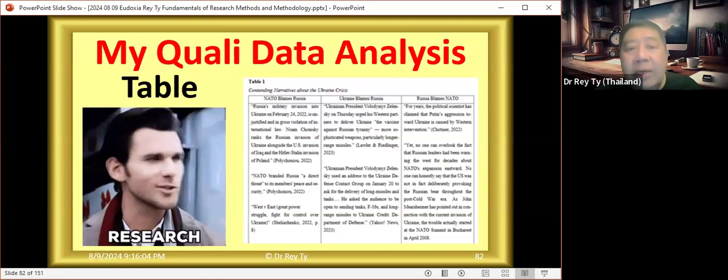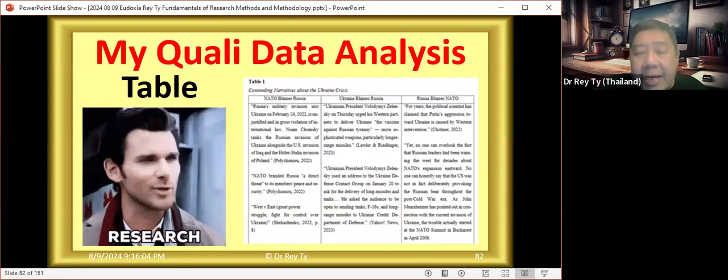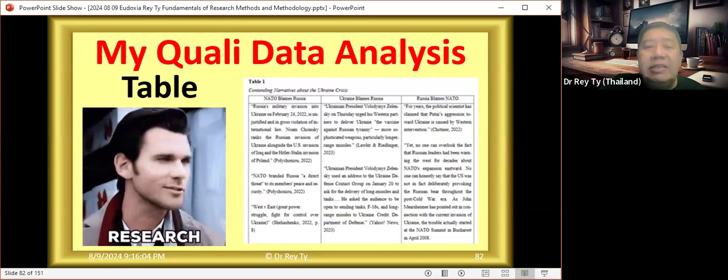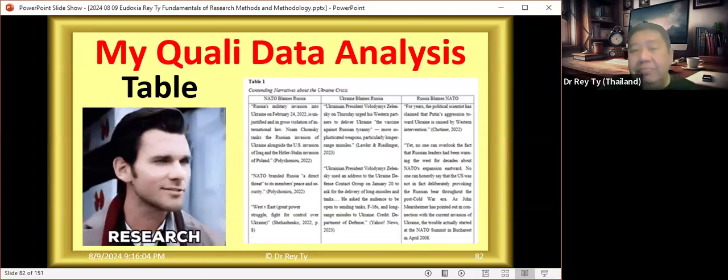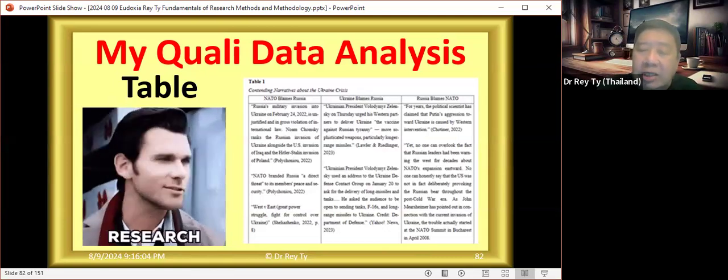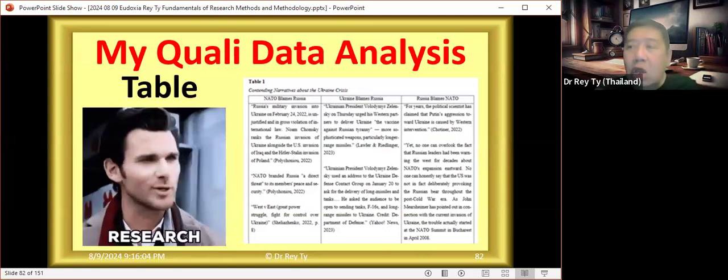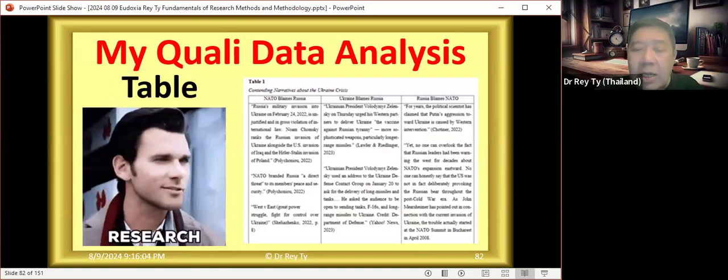So you have here, this was my paper published in the US. I made three items. One is "NATO blames Russia," and I needed to prove this, which was required by the editor, the anonymous peer reviewer. If your paper is submitted as a research journal article, you must have data analysis in the form of a table and prove that your data is from valid, relevant sources.